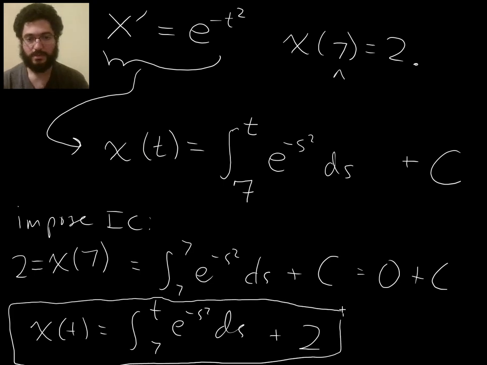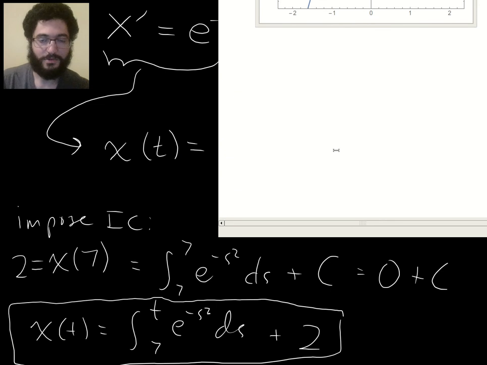And let me just show you that this is something that a computer has no trouble figuring out. If we plug in any specific t, then this is just going to be the area under a graph, which is some number. So here's Mathematica.